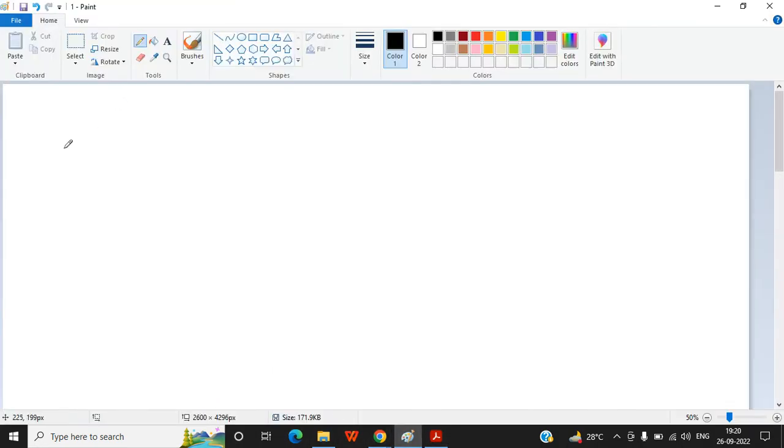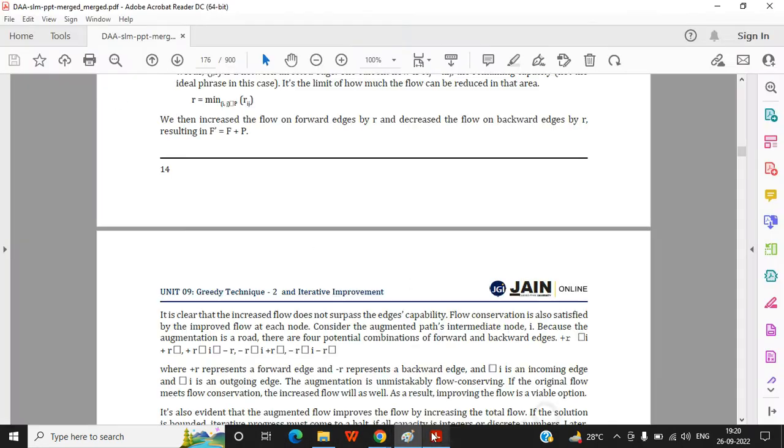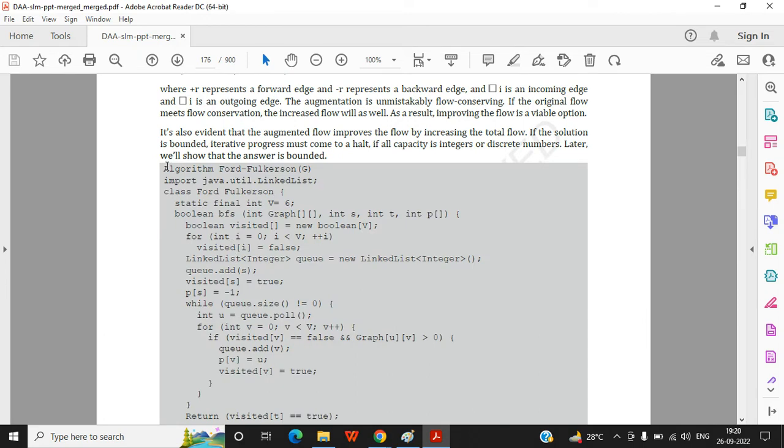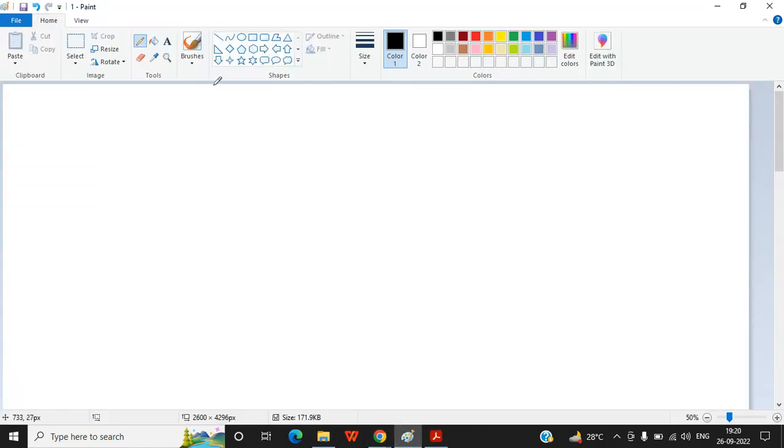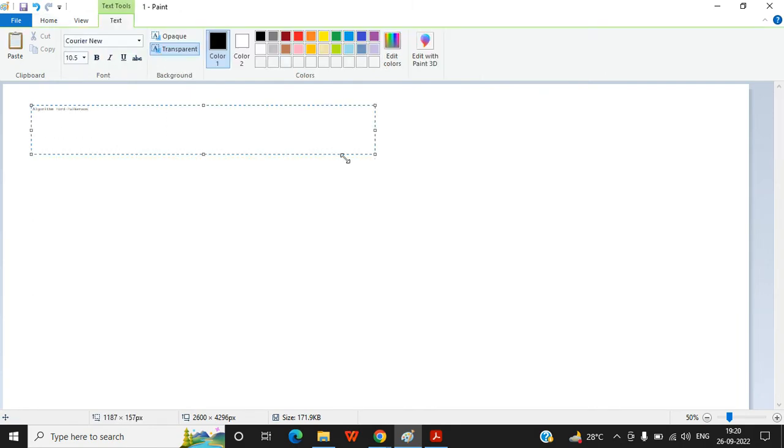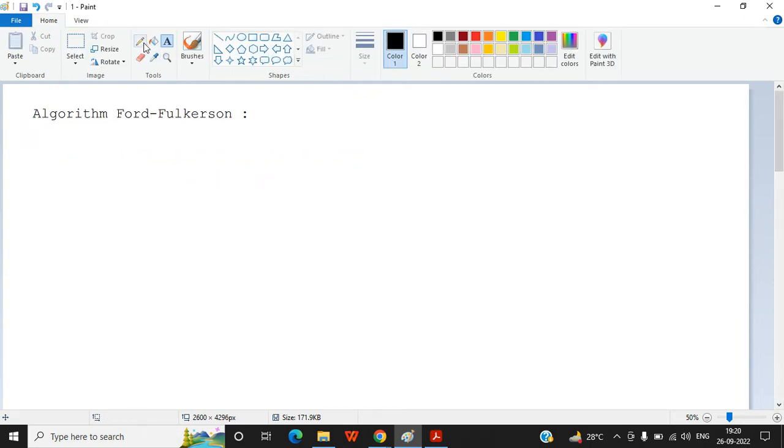Let me copy the heading here: Algorithm Ford-Fulkerson. This is an important algorithm. For computational purposes, they may give this one also, which means you have to compute the value for maximum flow throughout a network.